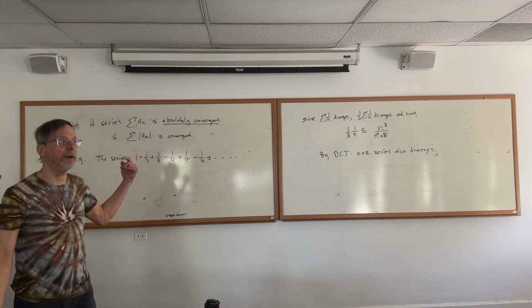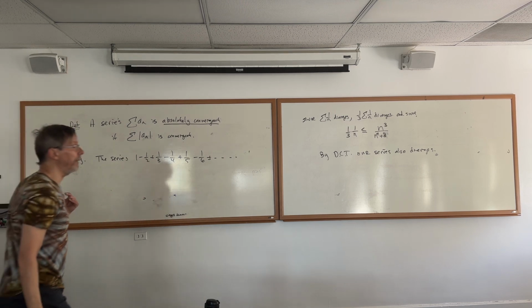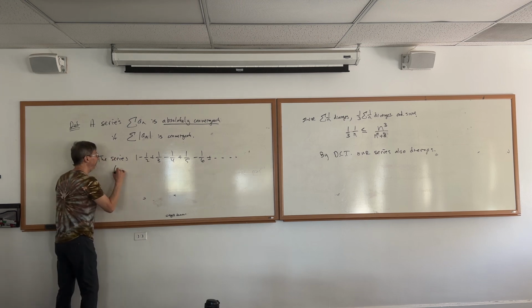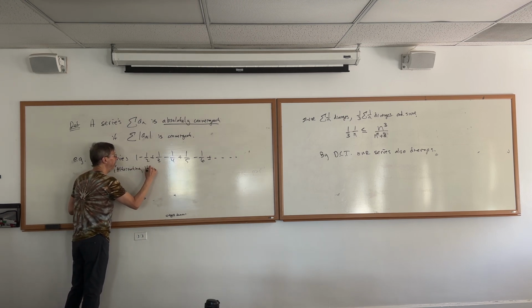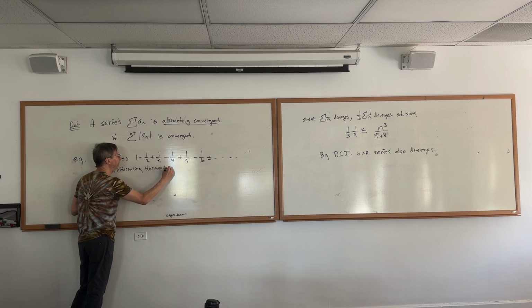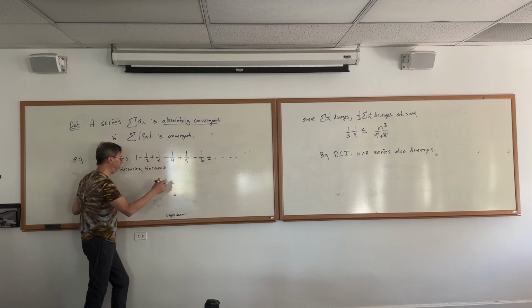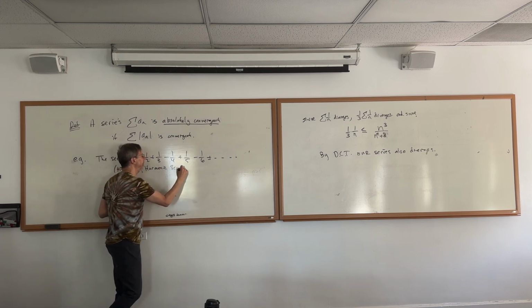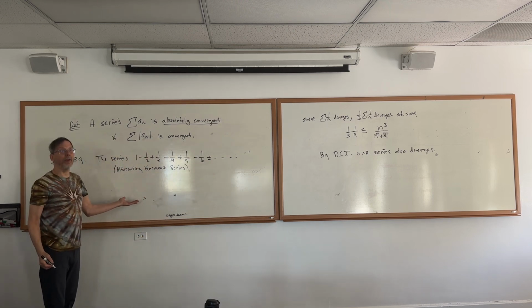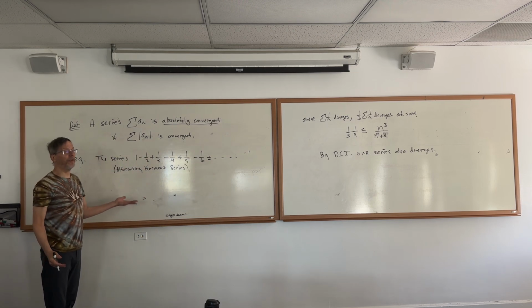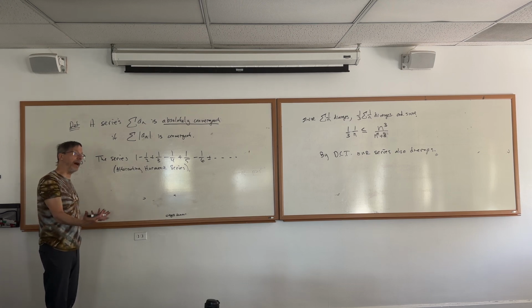So let's take a look here at the alternating harmonic series. Alternating always means there's a plus-minus game going on. It is not absolutely convergent because its absolute version is the harmonic series.